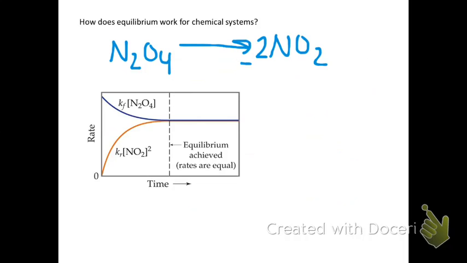In the reverse direction, the NO2 molecules will collide with each other and create our reactant again of N2O4. Now, when the rates of the forward direction and the reverse direction are the same, then we've hit chemical equilibrium, as shown again by this graph.